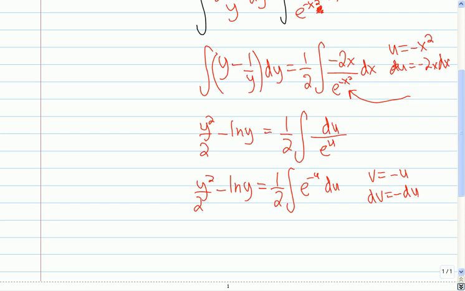So that means I need to put a negative here, so I can get a negative in there. And this will be y squared over 2. And I've got now e to the v dv. So that's going to be negative 1/2.